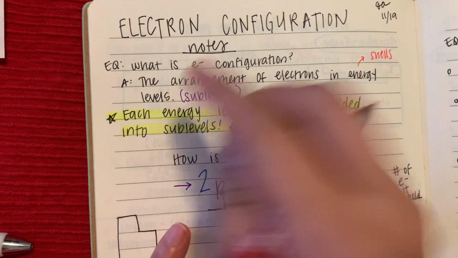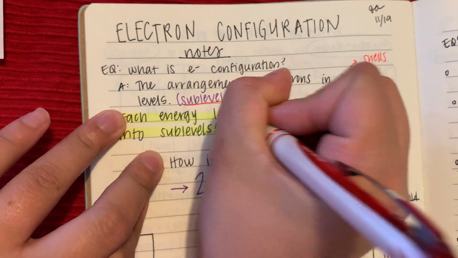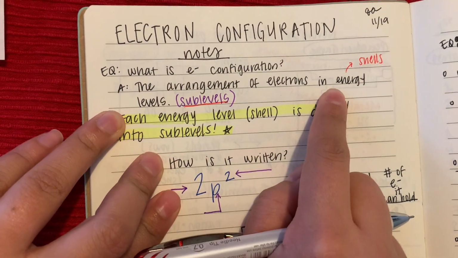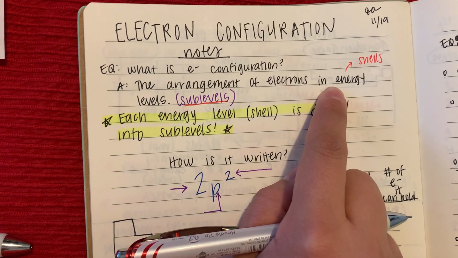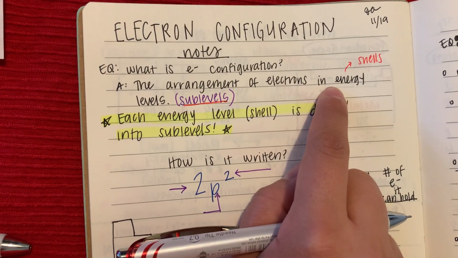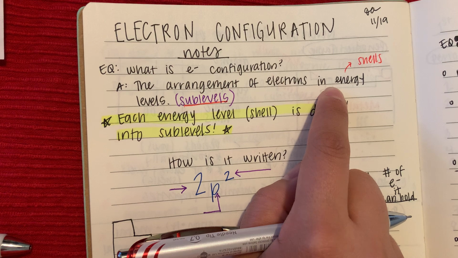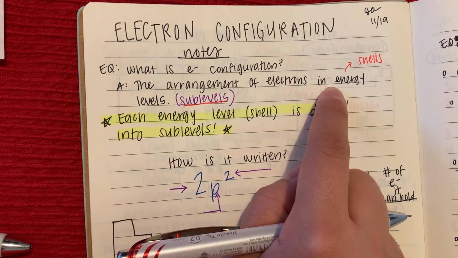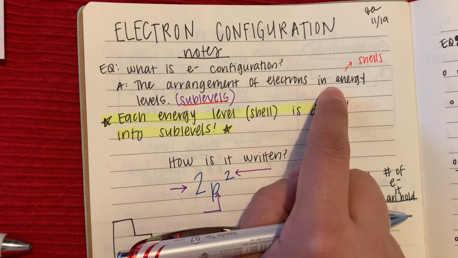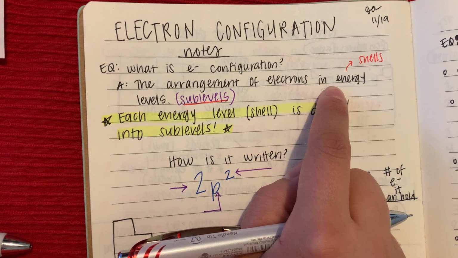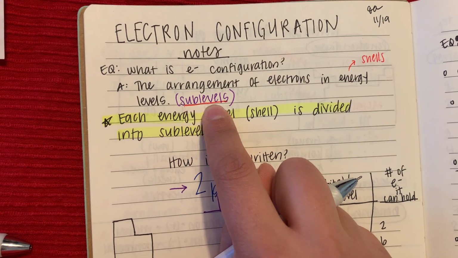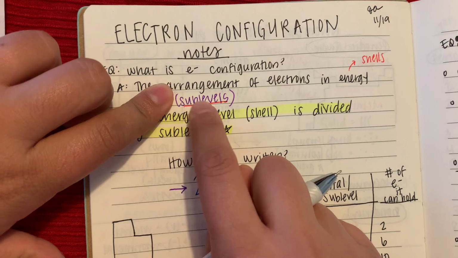So there are these things called sublevels that are within each energy level. And it's kind of hard to see unless I saw you guys in person. If we had a bunch of balloons, I could maybe illustrate that for you. But within each shell, there are sub-levels or sub-shells. Sub meaning, remember, what does a submarine do?